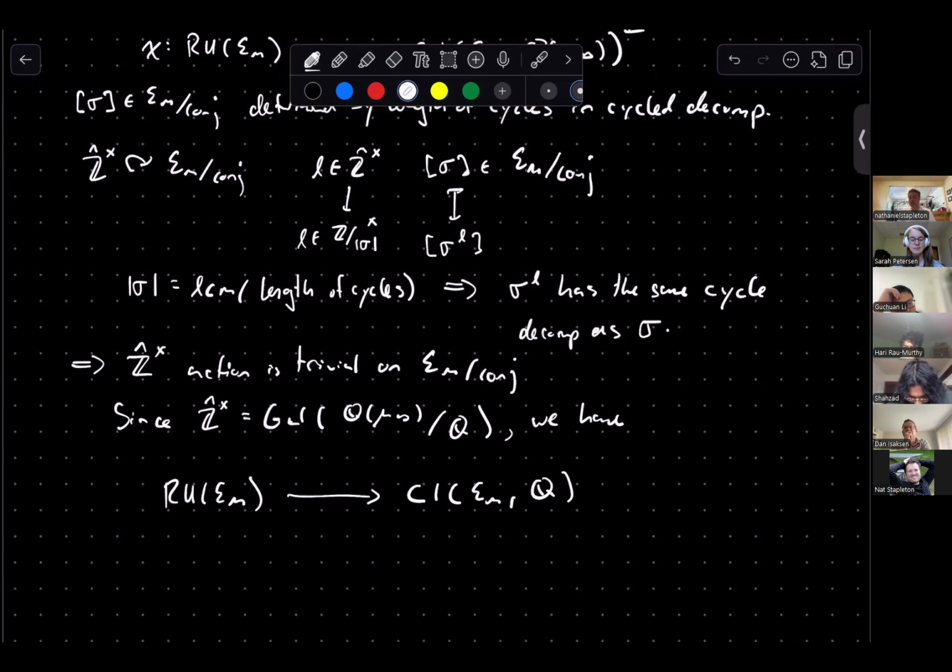We just end up taking invariants of the target, which is Q adjoin μ_∞. And well, we took the invariants for the whole Galois group.